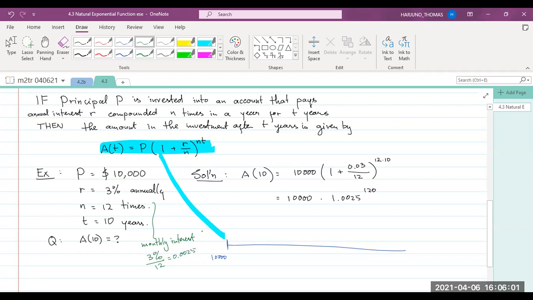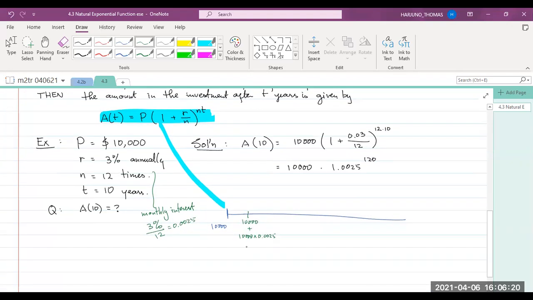If you deposit $10,000 right now, then next month your money will be $10,000 plus the interest on that $10,000, which I can write as 10,000 times (1 plus 0.0025).